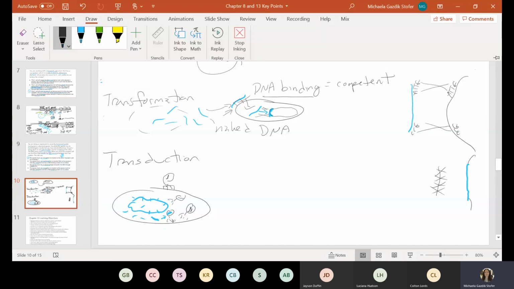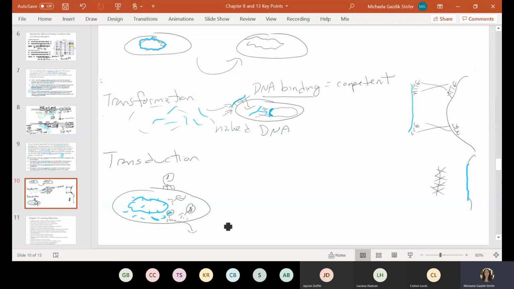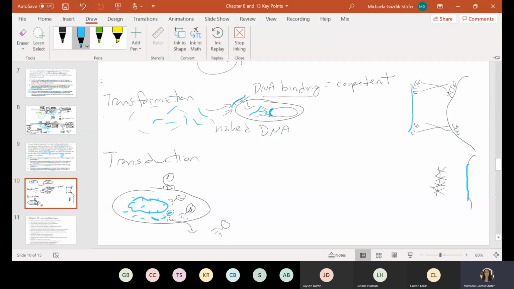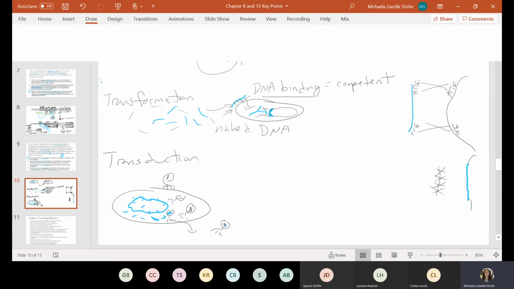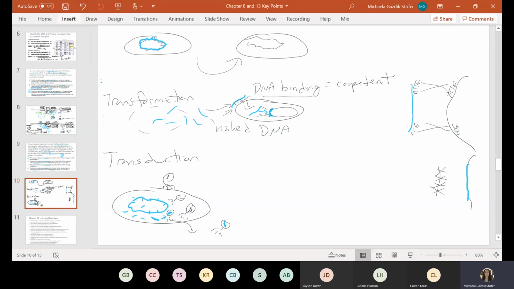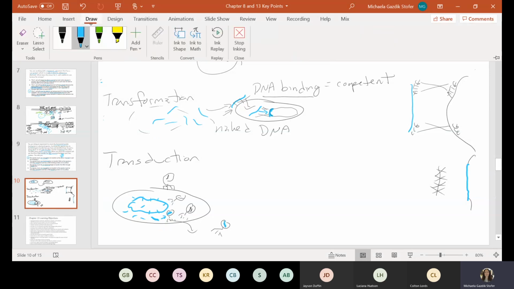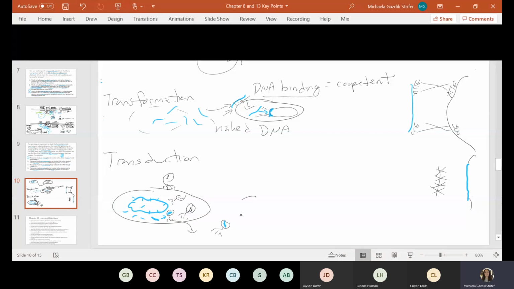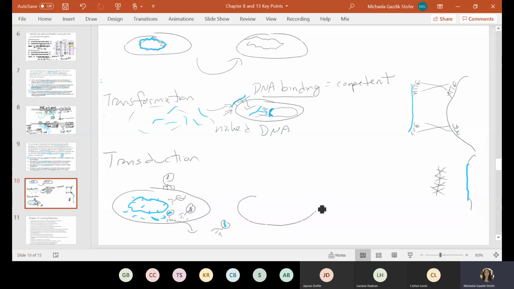When this cell lyses and releases this little bacteriophage that now has bacterial DNA instead of viral DNA, it's not going to cause an infection anymore, because remember, viruses are mainly just little genome carriers. When we come over to our recipient, it gets infected by this specific phage.